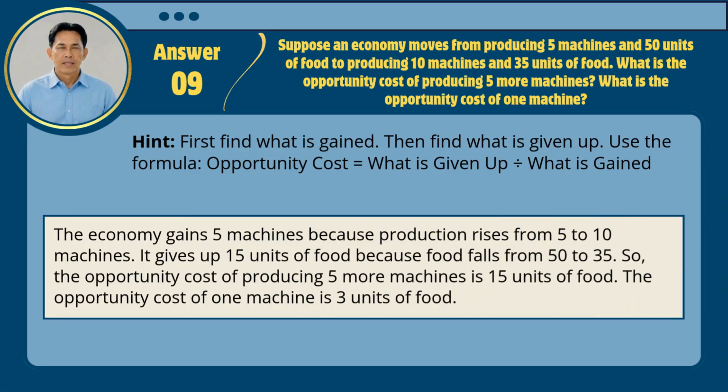Here's a sample answer. The economy gains 5 machines because production rises from 5 to 10 machines. It gives up 15 units of food because food falls from 50 to 35. So the opportunity cost of producing 5 more machines is 15 units of food. The opportunity cost of one machine is 3 units of food.